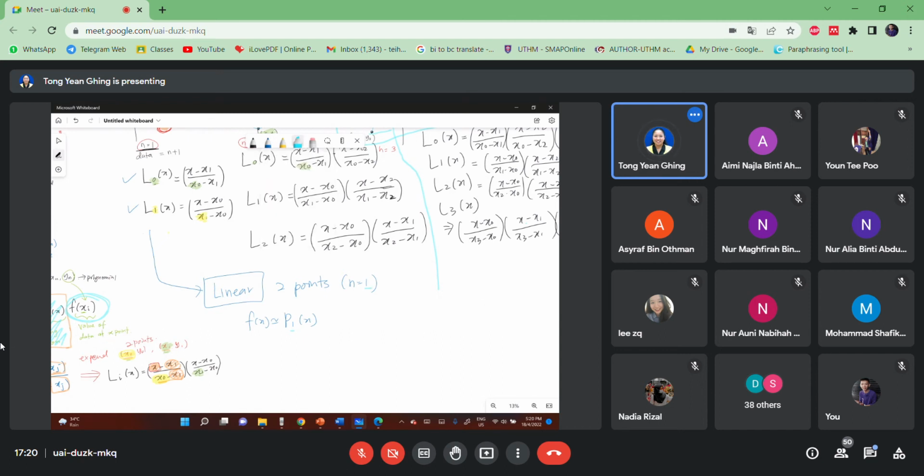Tak nampak, besarkan sikit. Because the n is 1. And mungkin saya make it 3. This one, F lagi tebal sikit lagi. f(x) or P1(x).